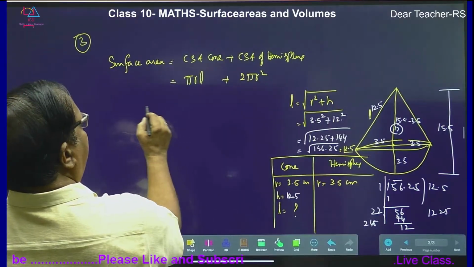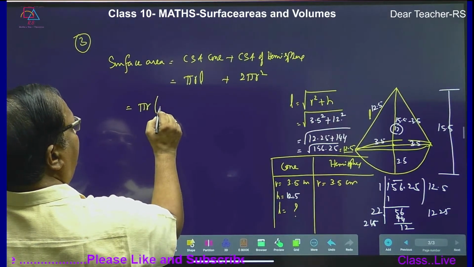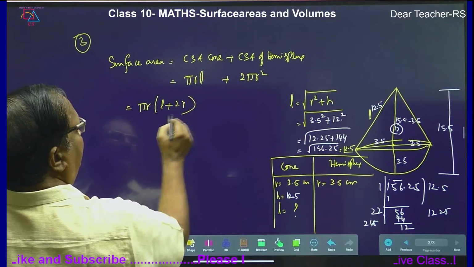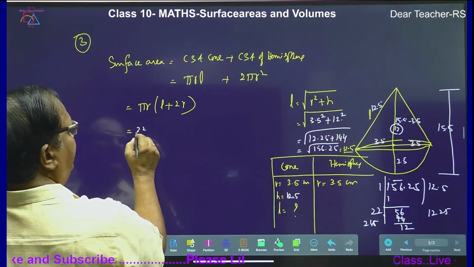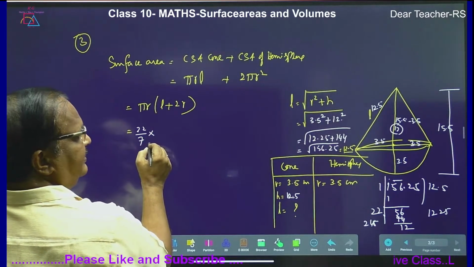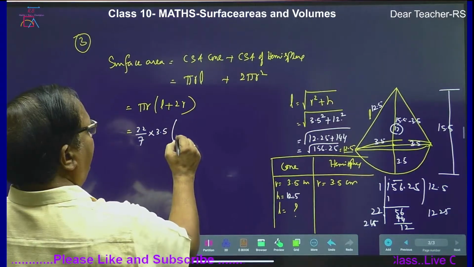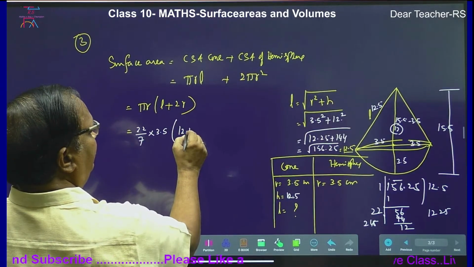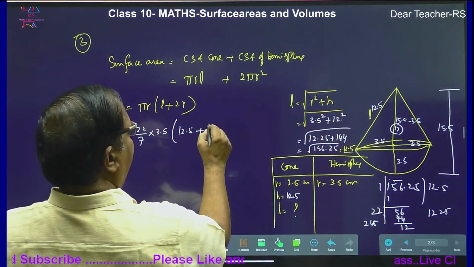Let us find the answer. In this, pi r we can take common: pi r times (L plus 2r). Now finally you substitute the values. 22 by 7 into radius, which is 3.5, times L which is 12.5, plus 2 times radius, 3.5.